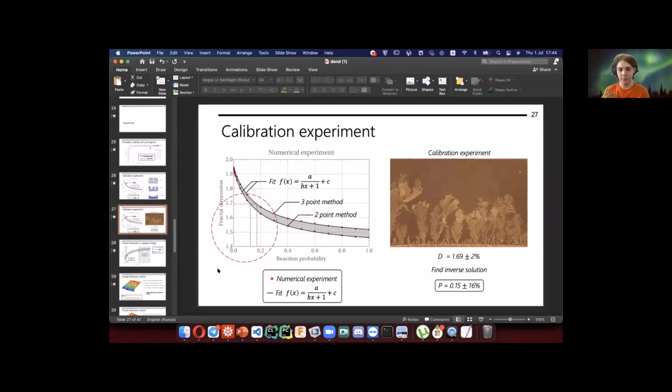Okay. Because this plot was obtained from the numerical simulation, there is no analytical solution for this dependence of fractal dimension on reaction probability. And because there is none, we are free to use, for example, linear interpolation between the points.